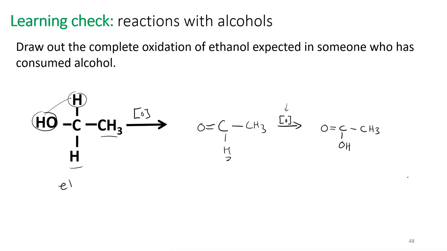So this is our ethanol, and this is an acetaldehyde. We're going to talk about naming these in a minute. So this is an aldehyde functional group. It's a carbon double bonded to oxygen on the end of the chain. And then this is the acetic acid, or through IUPAC naming, ethanoic acid.